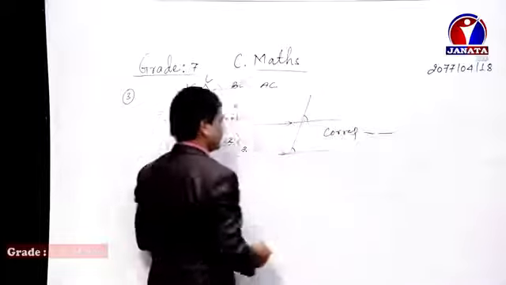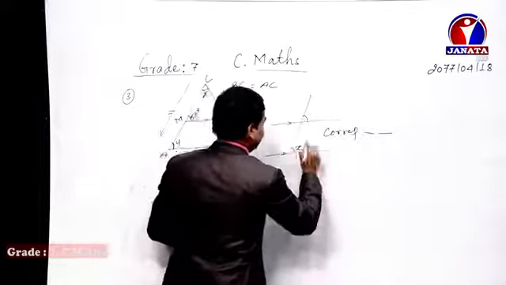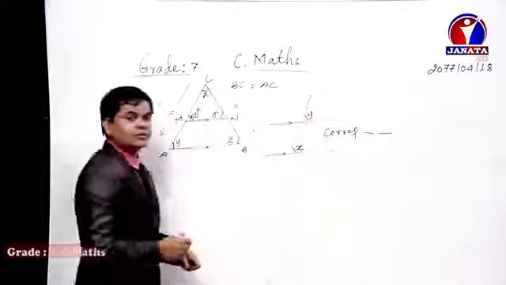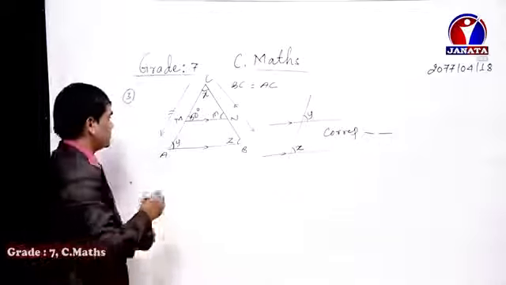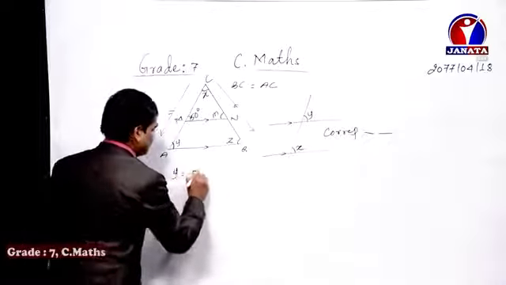Right here, corresponding angle. Then we know that if it is X and if it is Y, they are equal to each other. The corresponding angles are equal to each other. So Y equals 50 degree, isn't it?